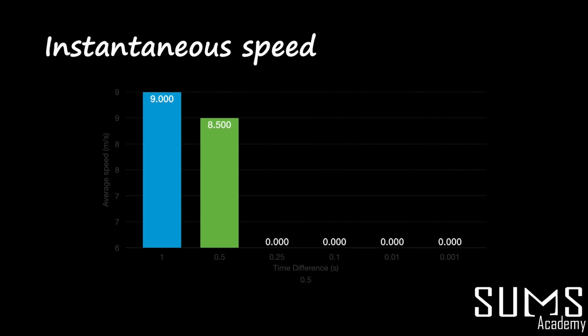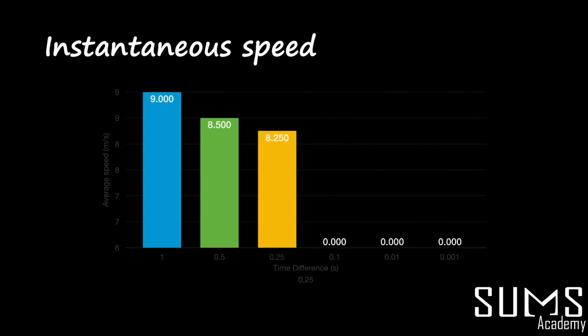If we decrease the difference to 0.5 seconds, we see, as we just calculated, it goes to 8.5, so it's getting smaller. What if we decrease it again to only 0.25 seconds? You can see it gets even smaller, but not by quite as much.